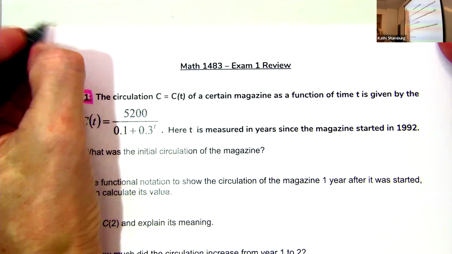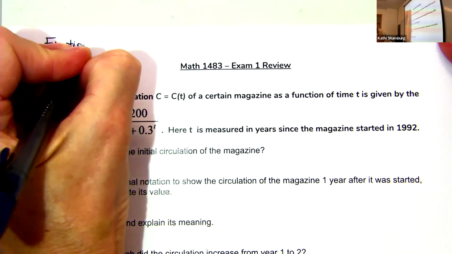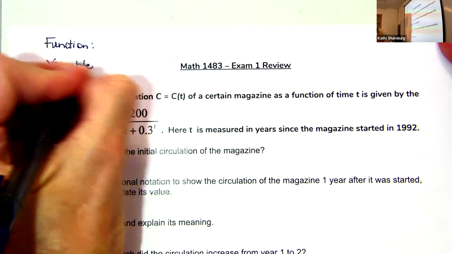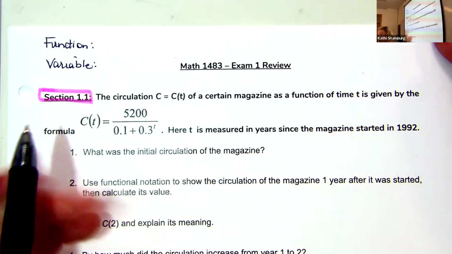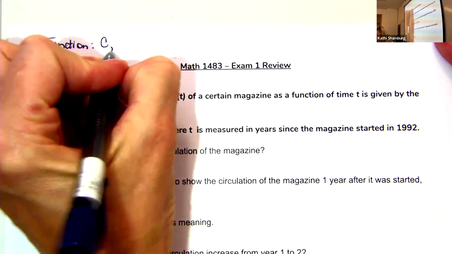All right, I'm going to go ahead and define my function and my variable. If it does not ask for you to define or identify those, if you don't, I won't count off. I still strongly encourage that you do that because then it makes the explanation seem a little bit easier to deal with. Okay, what letter goes with function? C, and what is C?